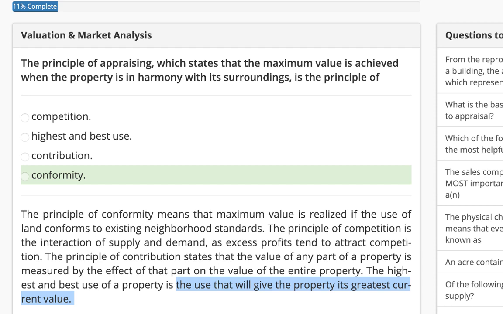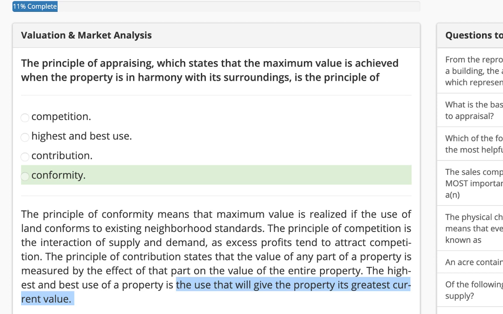So they're pointing towards similar ends. You're trying to get to the same ends to decide what the best way of using it is. You're just going about it slightly differently: in harmony with its surroundings versus what's the potential greatest use of a building given the current situation around it.